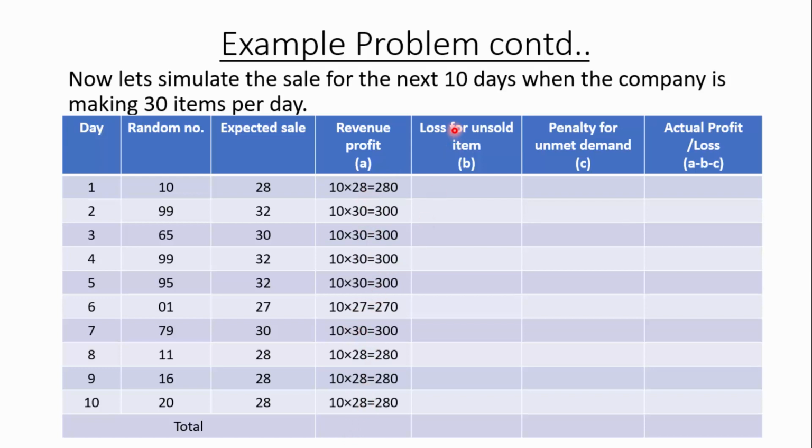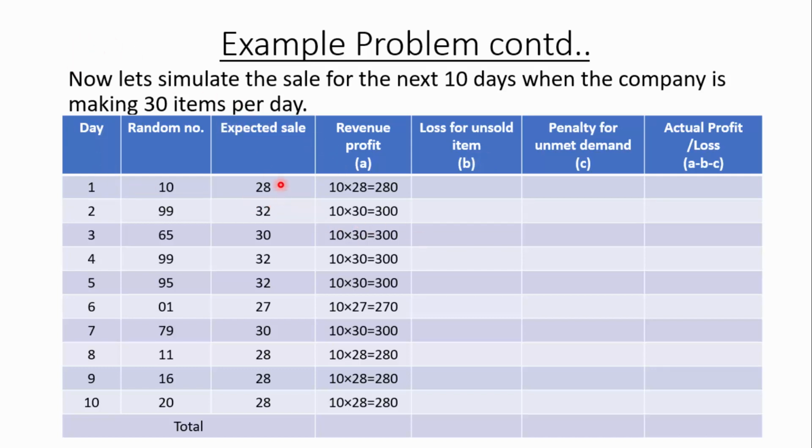Now let us calculate the loss for unsold items. We know that an item is unsold when the company is making more products than the expected sale. So we need to see where the company is making more products than the expected sale.